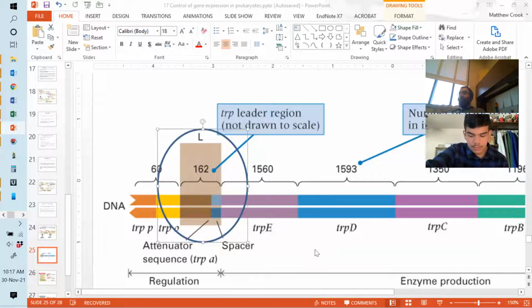Or I could put it differently. If you want to sense tryptophan, right? Remember in the lac operon, we sense glucose levels via an intermediate, via cyclic AMP. We can sense tryptophan levels directly. So if tryptophan's an amino acid and that's used to make proteins, how would you sense tryptophan levels?